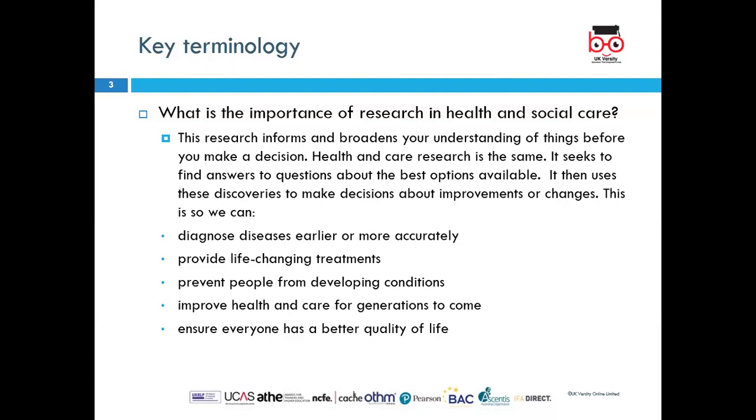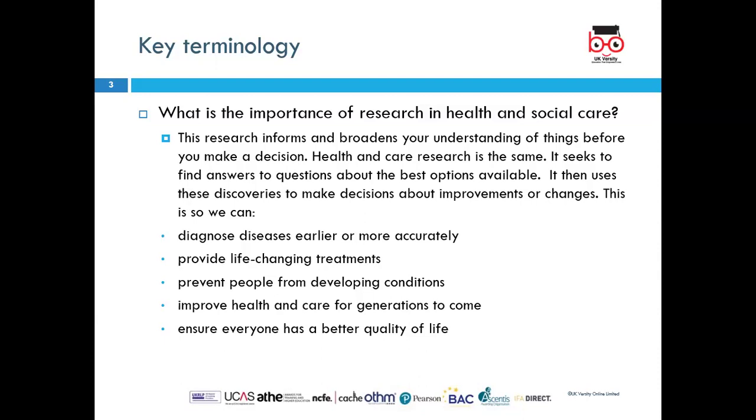They seek to find answers to questions about the best options available. So we want to make it patient-centered or client-centered, and see what's best available for them. Based on that, we give recommendations based on our research. It then uses these discoveries to make decisions regarding improvements or changes in practice.